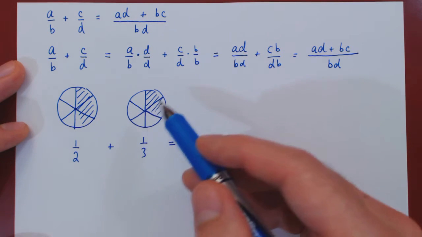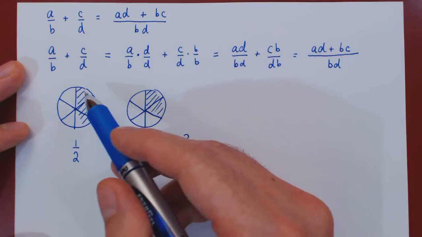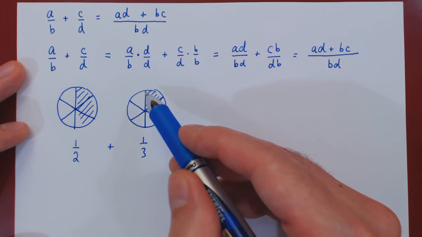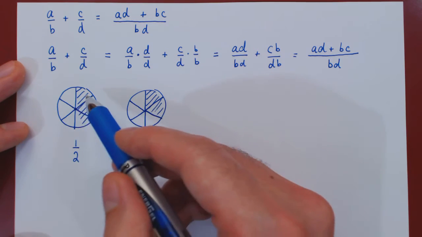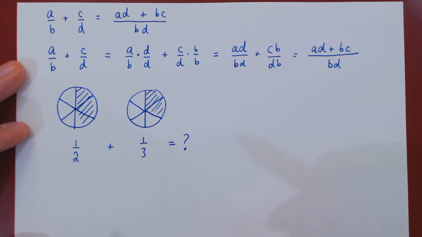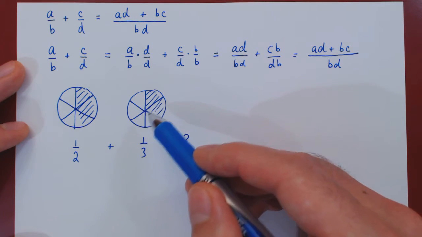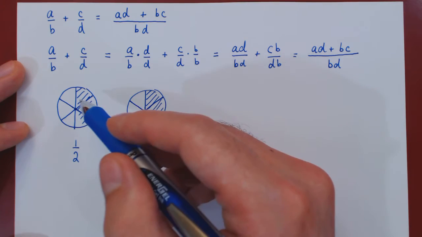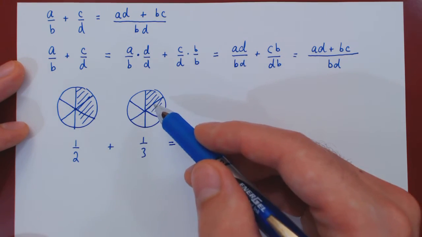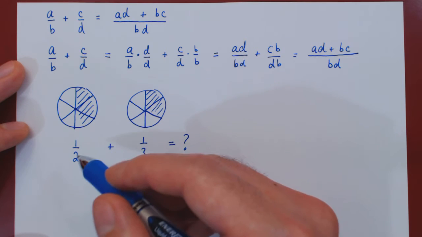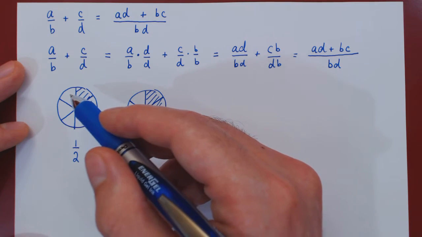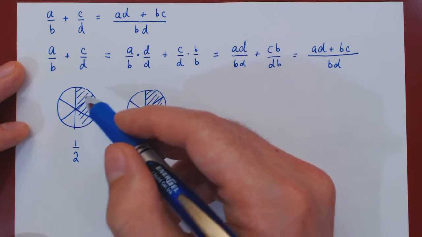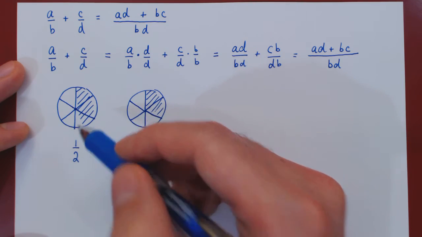This is still 1/2, this is still 1/3. But now we have a smaller partition of each circle. And if you look, 1, 2, 3, 4, 5, 6 pieces of equal size. 1, 2, 3, 4, 5, 6 pieces of equal size. So now, having broken down the circles further, we can perform the addition. So 1/2 viewed into 6 many pieces is 1, 2, 3 out of 6.